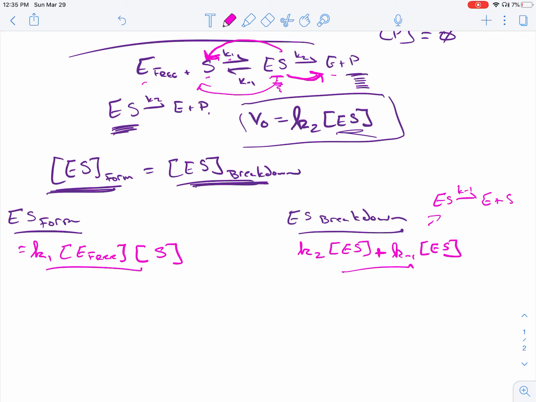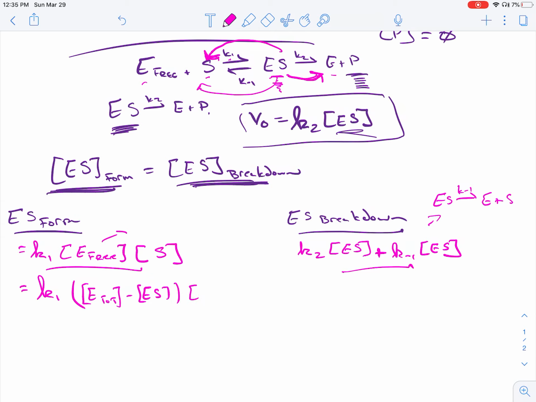There are a couple of things here. We don't know what the free enzyme concentration is, right? And so we can say that the free enzyme concentration is equal to the total enzyme concentration minus the amount of enzyme that's in the enzyme substrate complex.